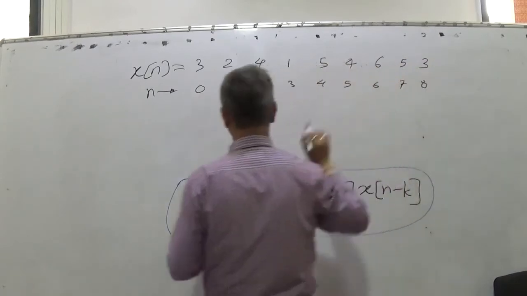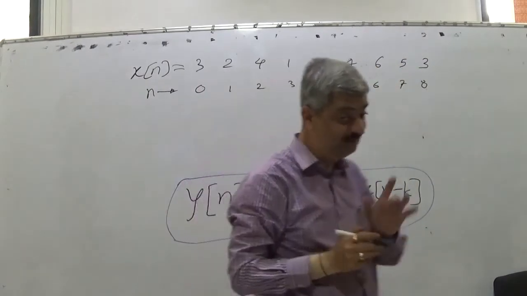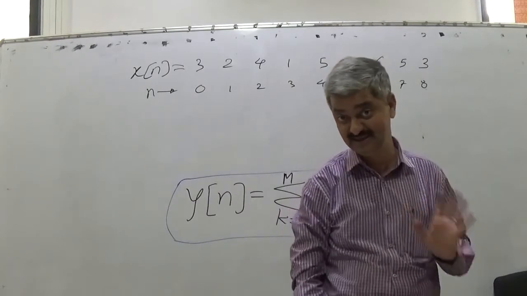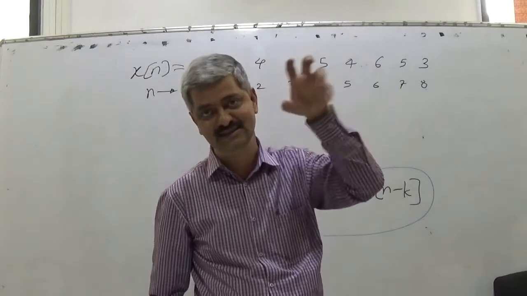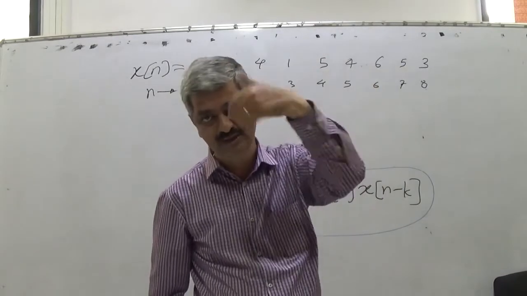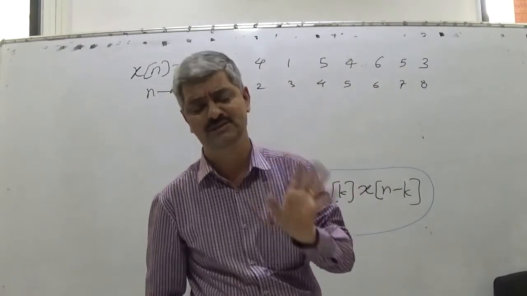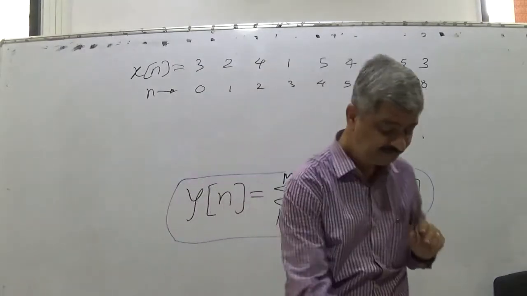Again, remember xn can be two-dimensional, meaning xn need not be real, it can be complex also, like 3 plus 2j, but right now we are not considering that, so this is xn.